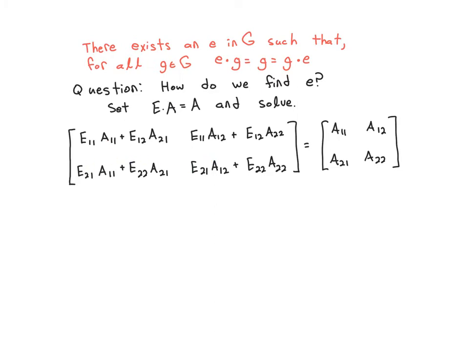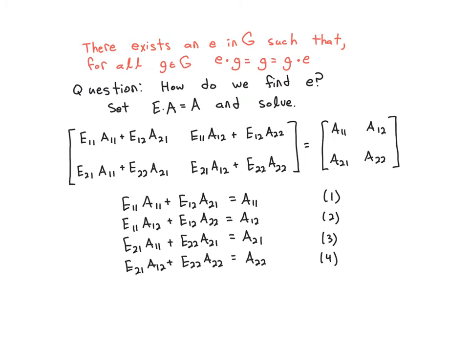So we're looking for a formula for the E ij's in terms of the A ij's, possibly. Although obviously if there's any hope that the trick is going to work, whatever formula we're going to come up with is ultimately not going to involve the A ij's at all. Because if it did, then it would turn out that we're not going to be able to find the identity.